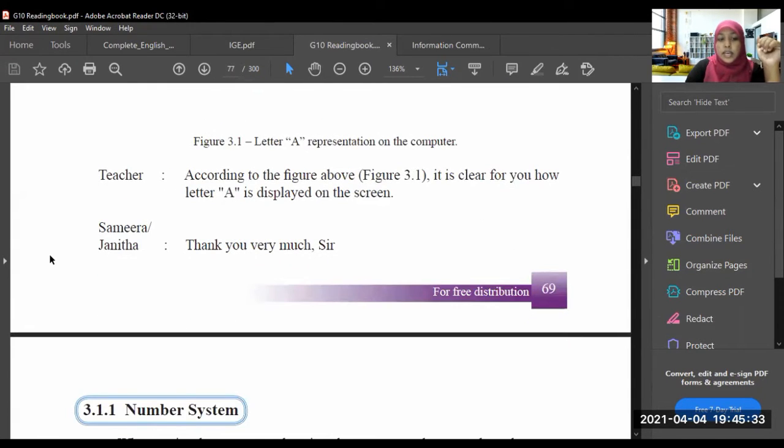So here the teacher says, according to the figure above, it is clear for you how letter A is displayed on the screen.